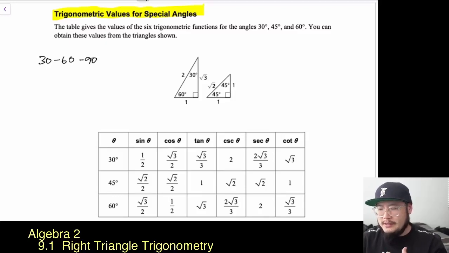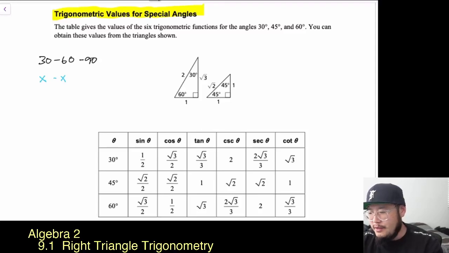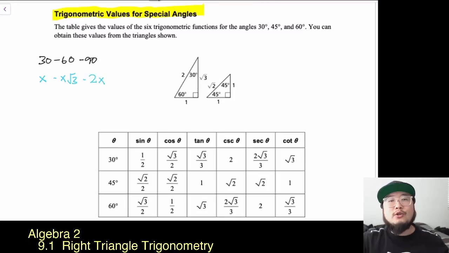The side opposite the 30 degrees is always going to be the shortest side, the short leg, x. The side opposite 60 is the long leg, x times the square root of 3, or leg times root 3. And opposite the 90-degree angle is the longest side, which is 2 times x, or 2 times the leg.